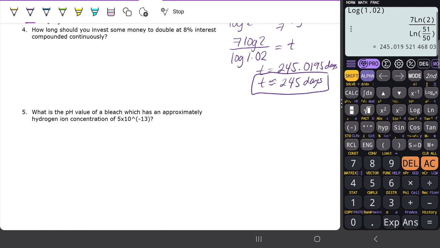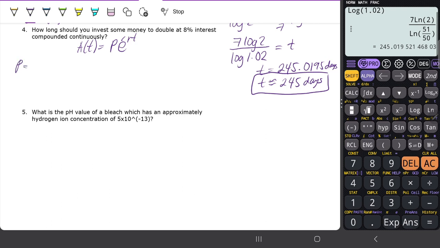Next, how long should you invest some money to double at 8% interest compounded continuously? For continuous compounding, ang formula natin ay A of T is equal to P times e raised to RT. Alam ba natin si P?